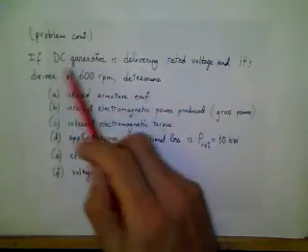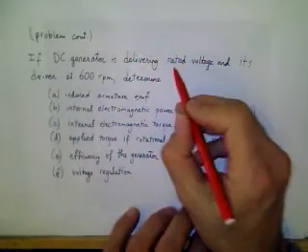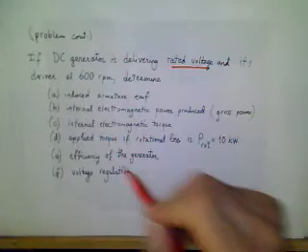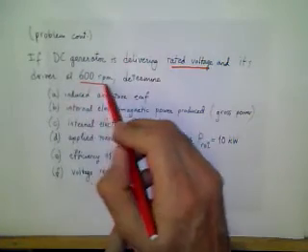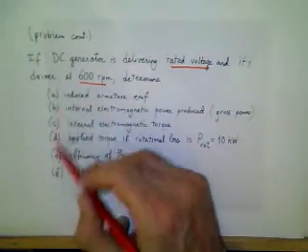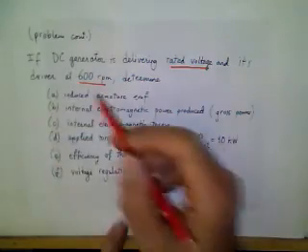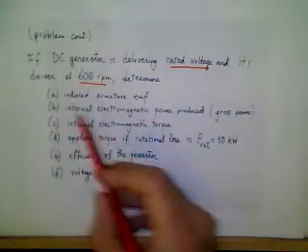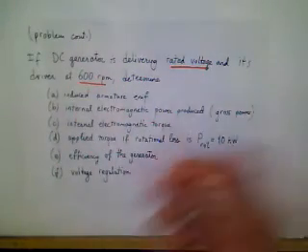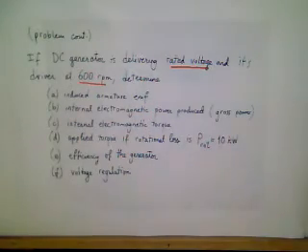In this problem, if the DC generator is delivering rated voltage and is driven at 600 RPM, we will determine 6 sub-items, starting from induced armature EMF up to voltage regulation, as given in the first slide.